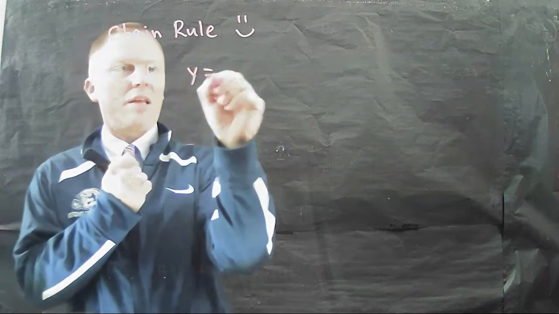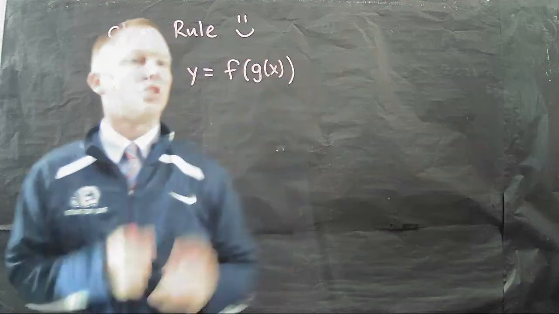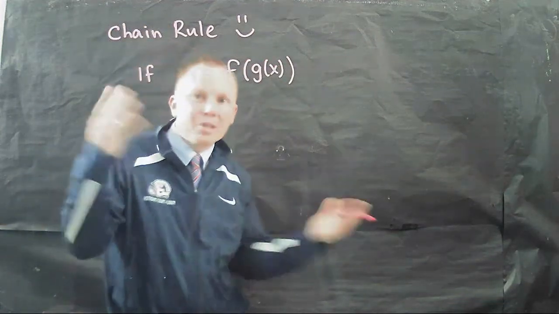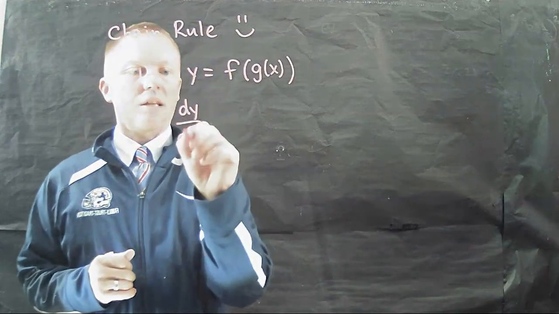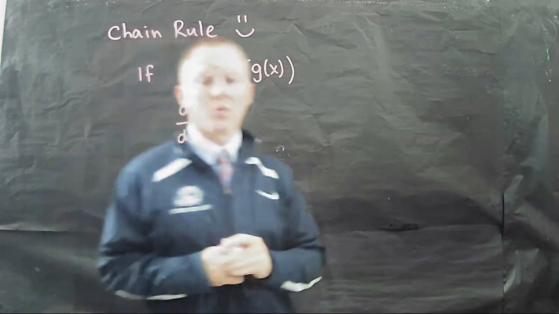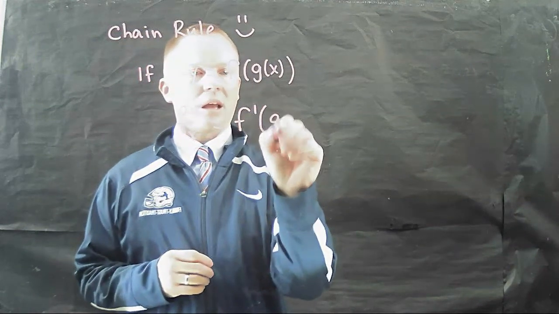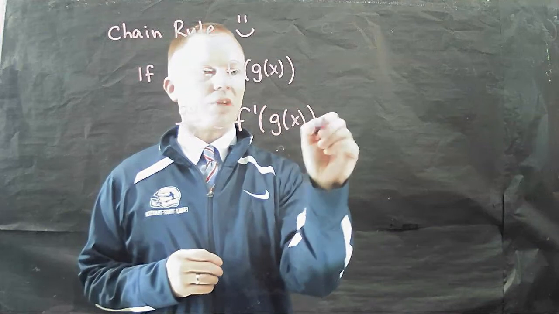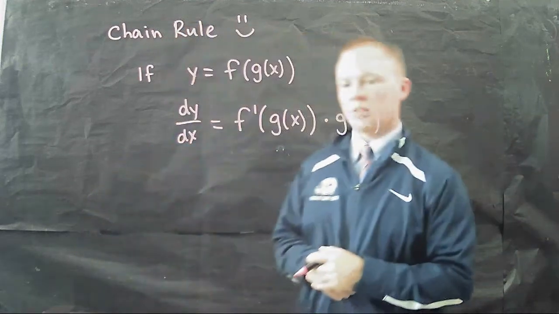If y equals f of g of x, that's a composition of functions, dy/dx equals, maybe you should try to state it, f prime of g of x times g prime of x. Okay?